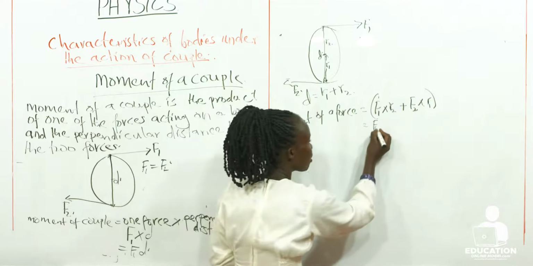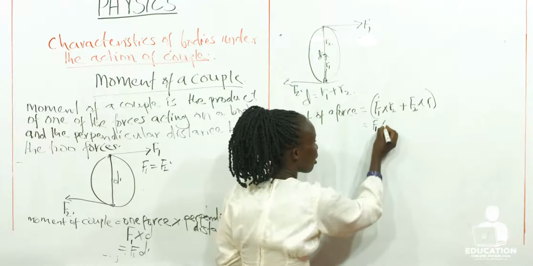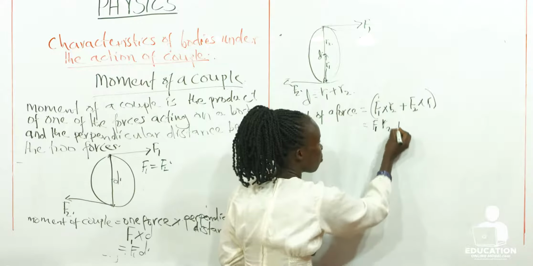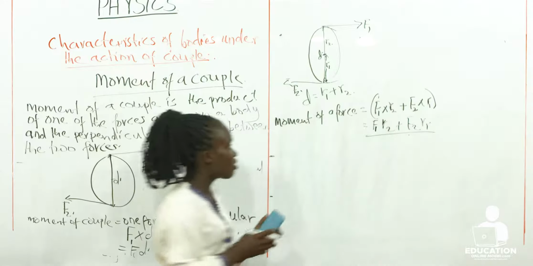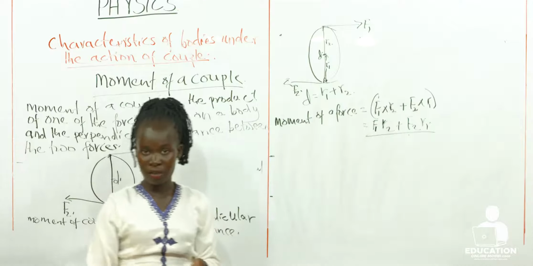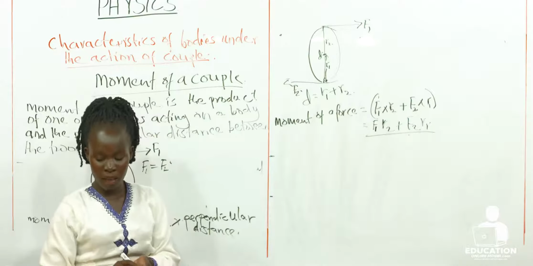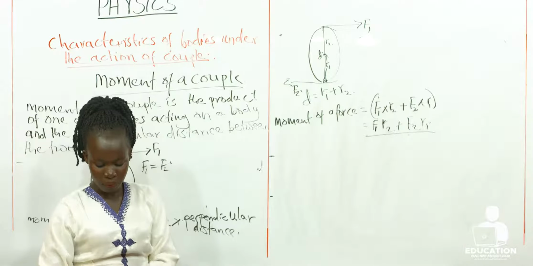So we shall have F1 R2 plus F2 R1. That is in case they have given you the radius instead of the diameter.